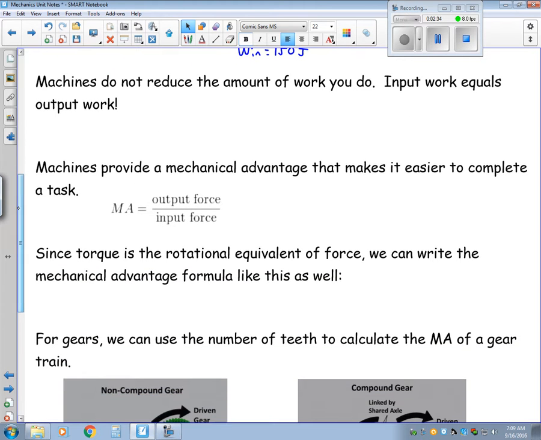Now, machines provide something called mechanical advantage that will make it easier for you to complete a task. So we take the output force and we divide it by the input force. So in our previous example, our output force was 440 newtons. Input force was 1,000 newtons. Now this gives us something that is less than 1.